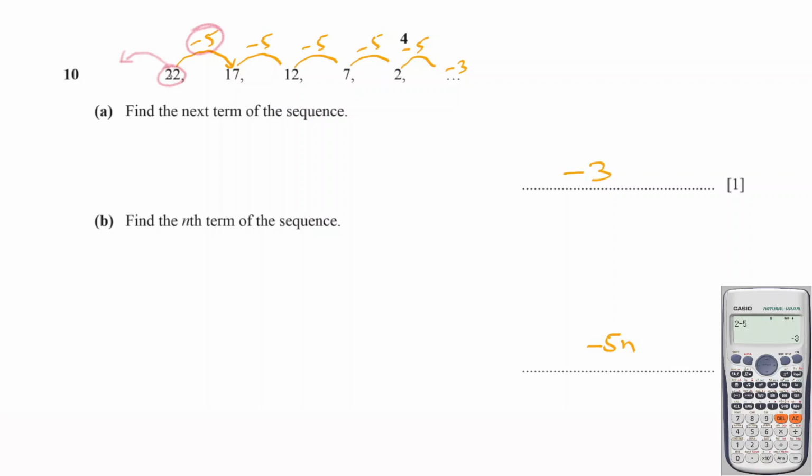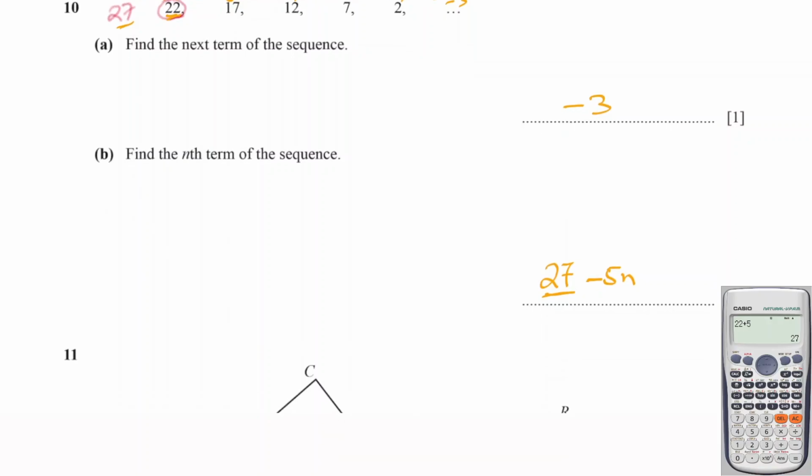The previous term should be 22 plus 5, because that's what we are following. 22 plus 5 is 27. So here it should be 27. Then only if I subtract 5, I'm getting 22. So the previous term is 27, and you have to write it over here. 27 minus 5n. What we did, just the previous term of the number, I wrote it here, and I just wrote n with the common difference. So this is your answer.